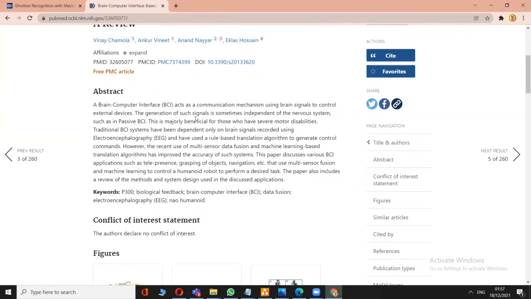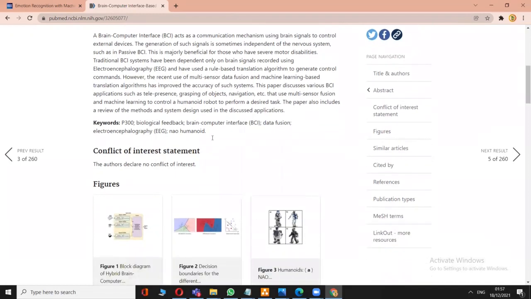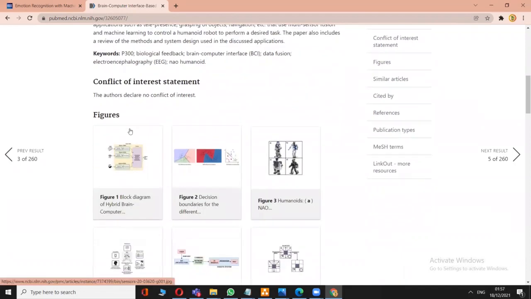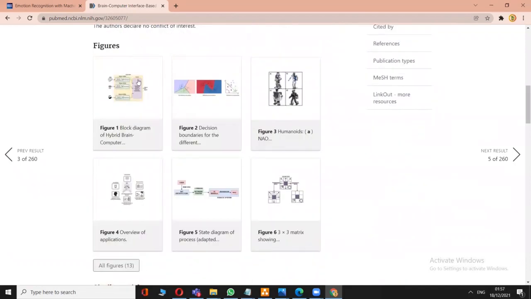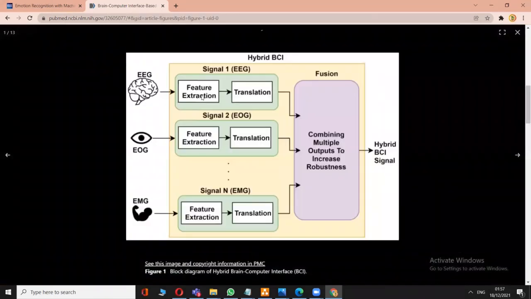The generation of such signals is sometimes independent of the nervous system, such as in passive brain-computer interface. Like that, it explains. Here they have mentioned they are using the P300 speller as well. The figures are also included, and the overall architecture is there, how it is going.